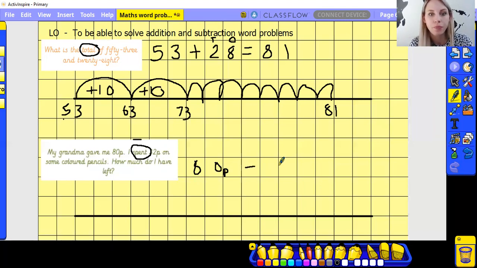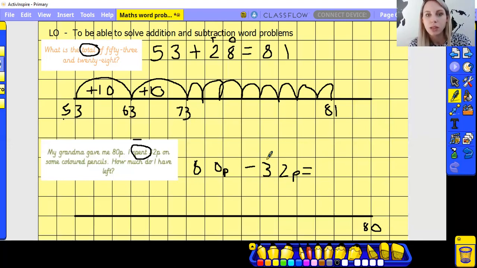Take away 32 equals. Now I'm taking away, so I need to start on the right hand side of my number line. And I've got my 80. I'm not going to bother writing p because I know that I won't forget it when I write my answer, but I know what it is.